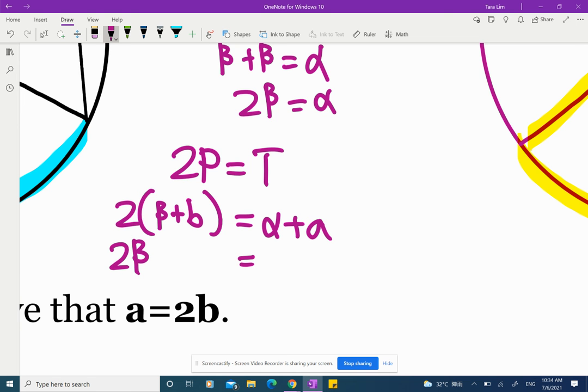So 2 beta plus 2b is equal to alpha plus A.